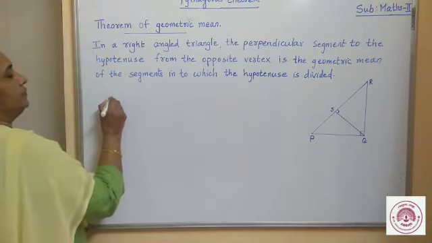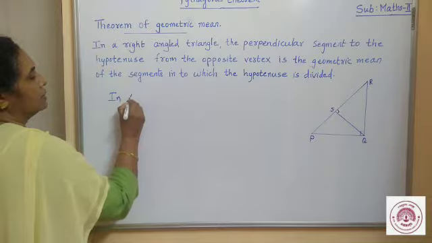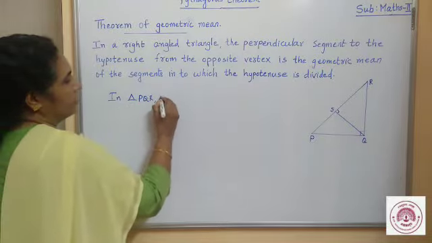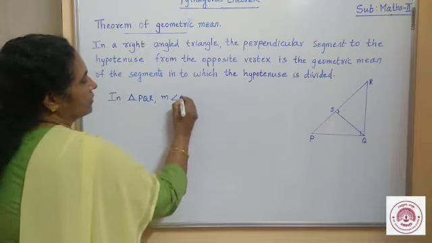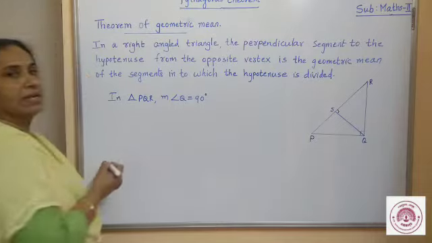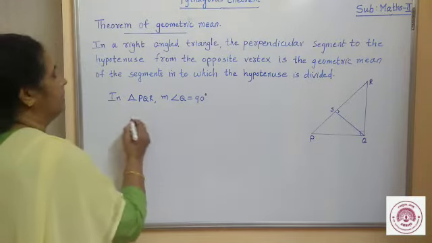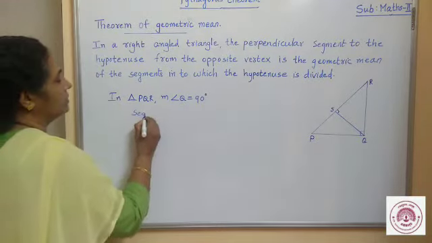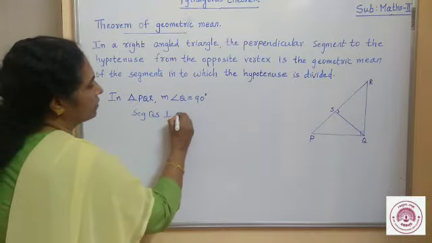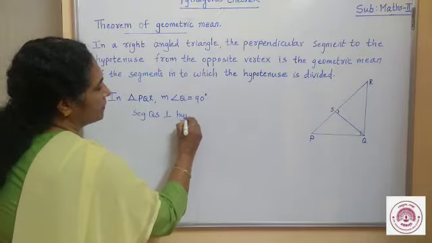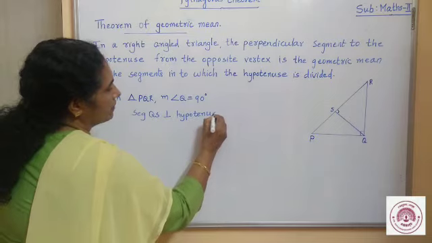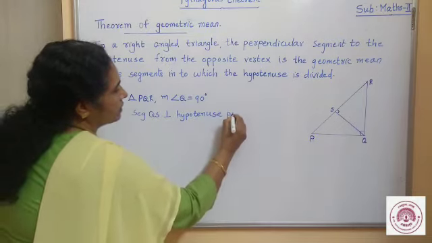Given: in triangle PQR, measure of angle Q is equal to 90 degrees. That means triangle PQR is a right angled triangle. Segment QS is drawn perpendicular to hypotenuse PR.